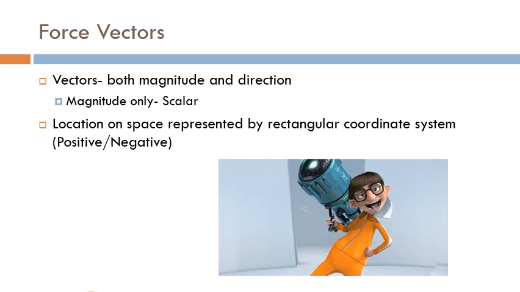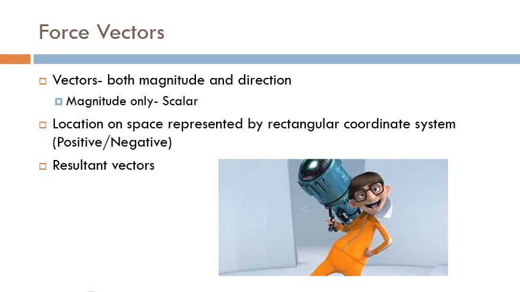We're going to talk about resolving, or coming up with, resultant vectors. Anytime you have a combination of forces, which in a lot of instances you do, you end up with what's called a resultant vector. Based upon the magnitude and direction of those multiple forces, you can determine the resultant vector.